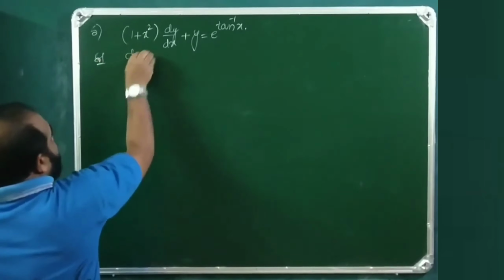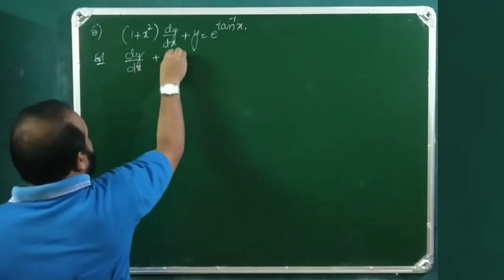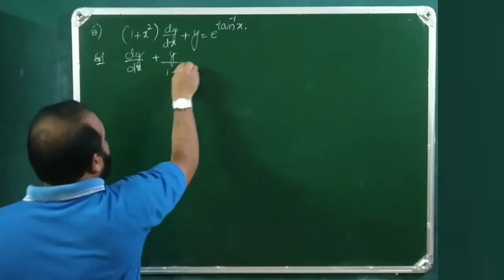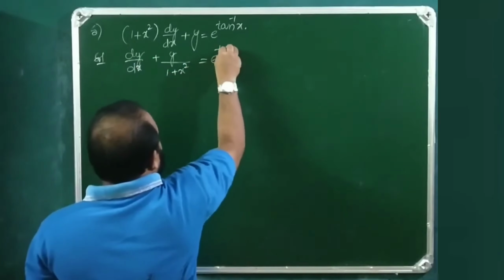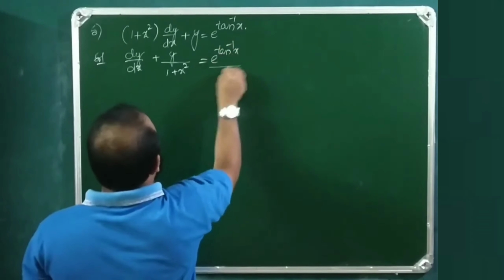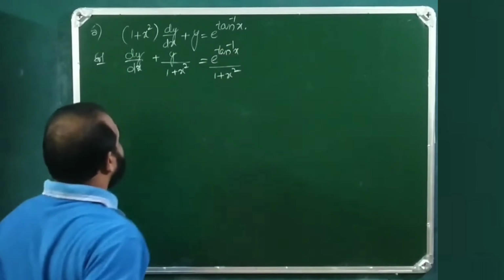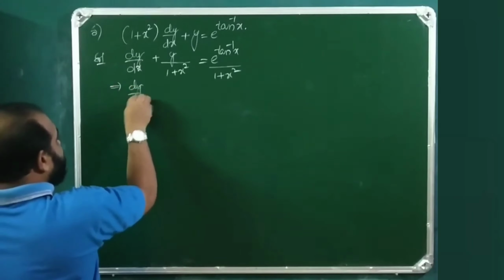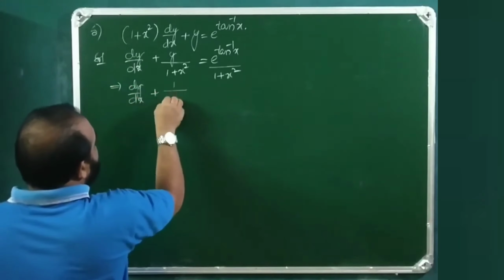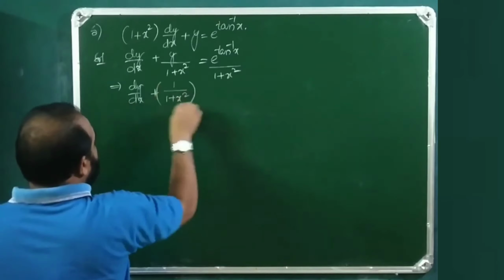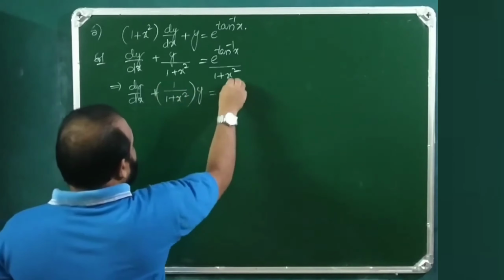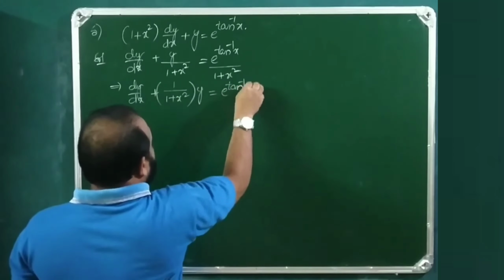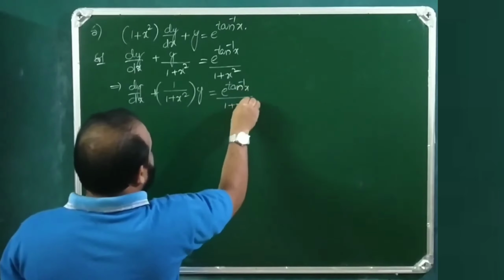So this is dy/dx + y/(1 + x²) = e^(tan⁻¹x)/(1 + x²). This is the form dy/dx + (1/(1 + x²)) y = e^(tan⁻¹x)/(1 + x²).